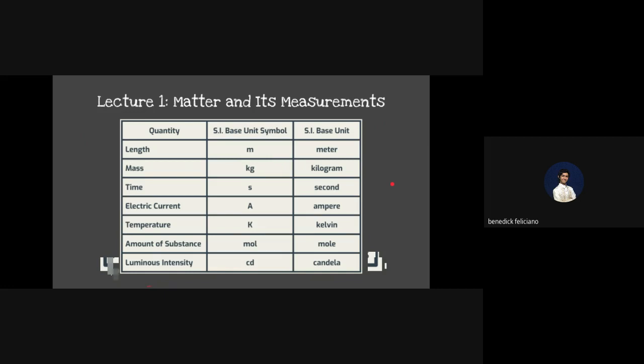They are the main cause of derivation of other quantities. Without one of them, a lot of derived quantities will vanish from science. So we have length, mass, time, electric current, temperature, amount of substance, and luminous intensity. So these are its SI base unit and its name.